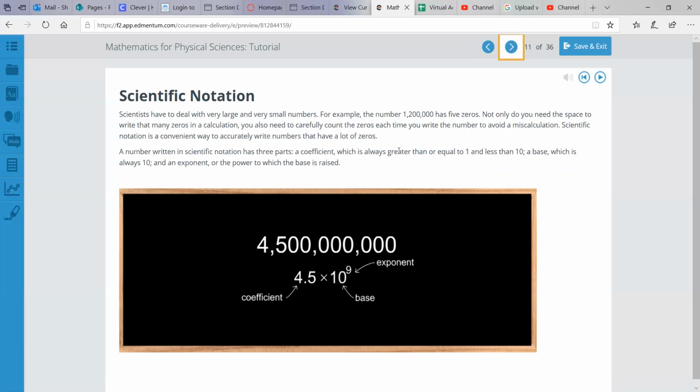Scientific notation is a way to write out large or small numbers in a more simplified way. So if something has lots of zeros and you don't want to write out like 10 zeros or so, you can use this scientific notation.